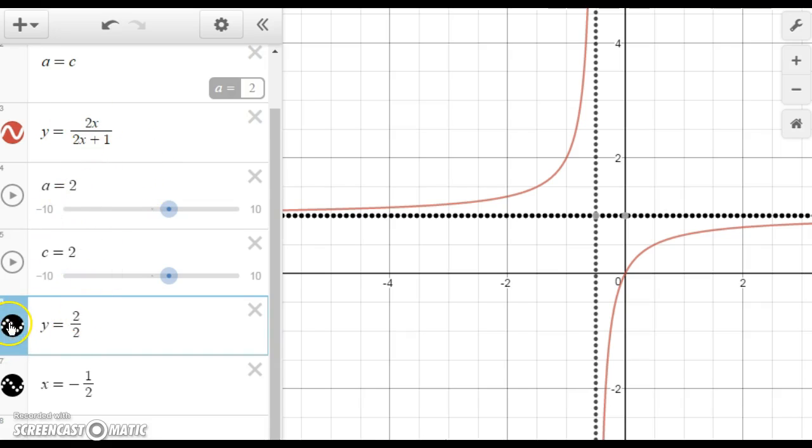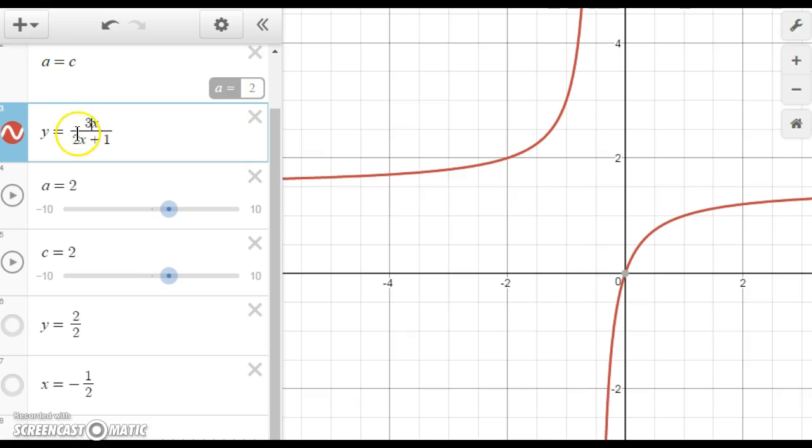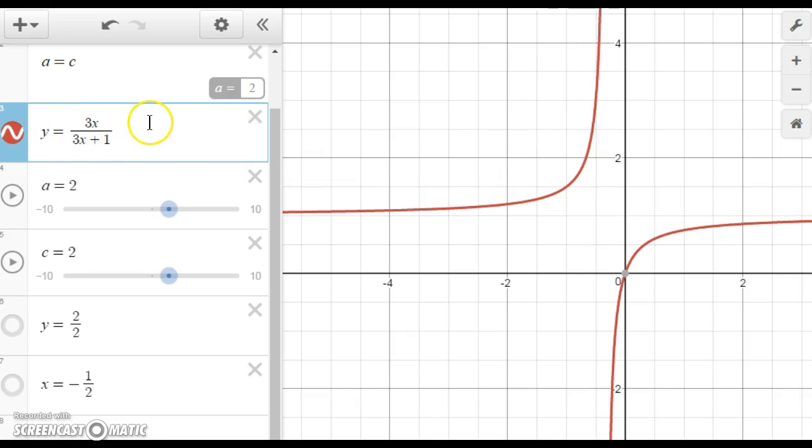So if I'm correct, then I'm going to change this to 3, and I'll change this to 3, and let's see if my horizontal asymptote is going to be at 3 over 3. Just to be sure, because I have changed this 3 over here, the denominator is now 3x plus 1.